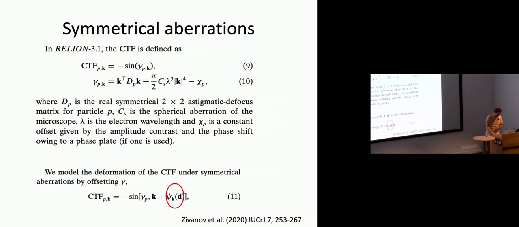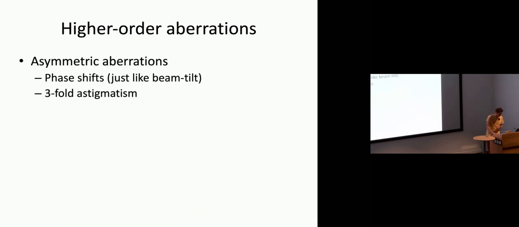Because, for example, examples of the antisymmetrical aberrations are phase shifts that are introduced if your beam is not perpendicular to your imaging plane. For example, if you've tilted the beam to collect data and you haven't used AFIS as Giuseppe has explained, or if there's threefold astigmatism. I'll show you an example.